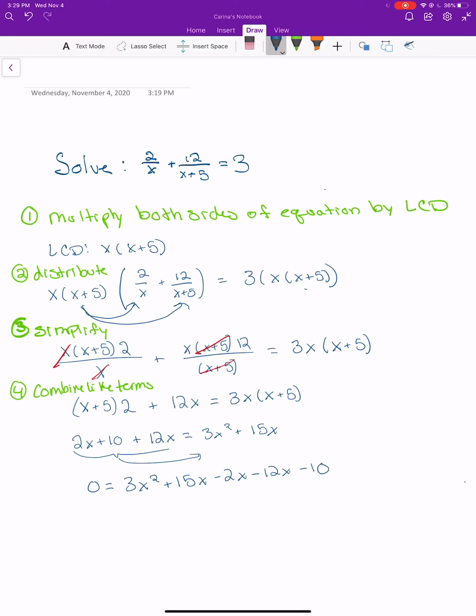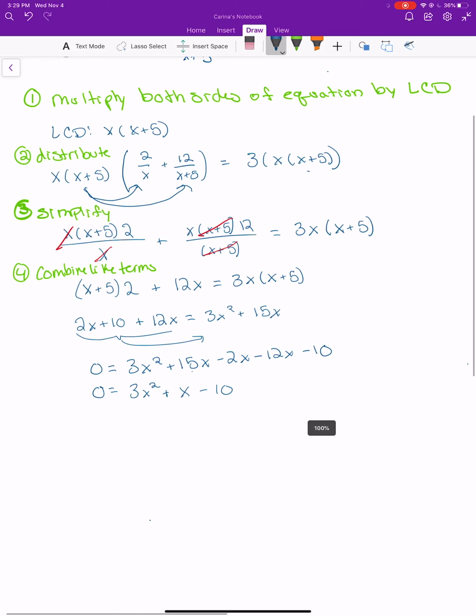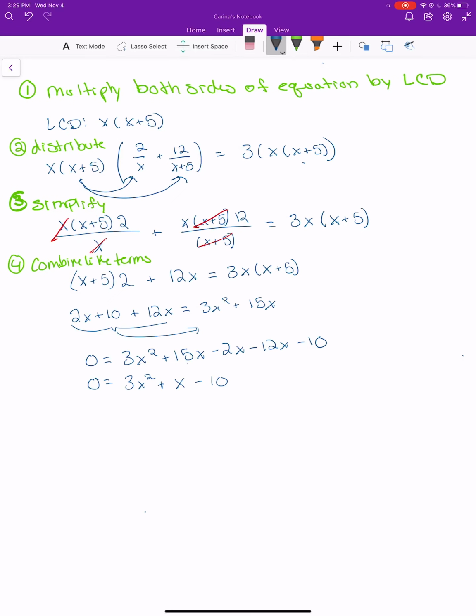I'm going to go ahead and now finally combine those like terms. 3x squared, 15 minus 2 is 13, minus 12 is 1, so plus x minus 10. Now from here you have to go ahead and factor.